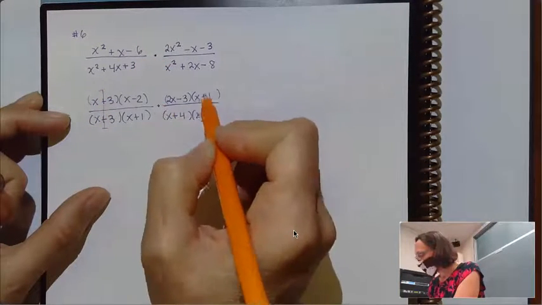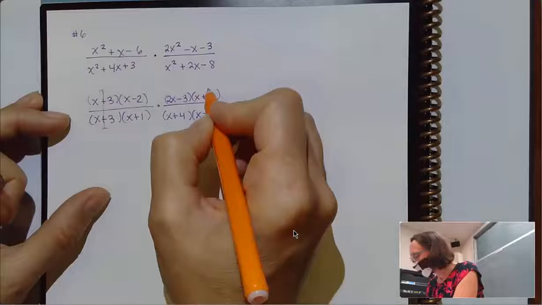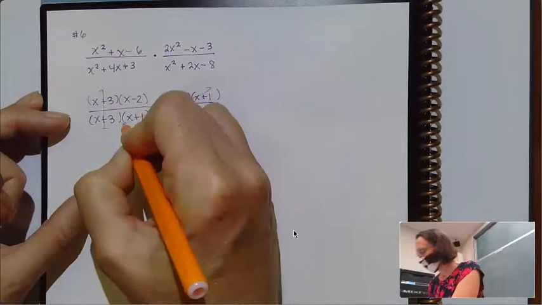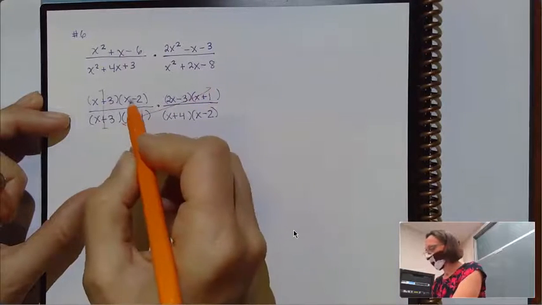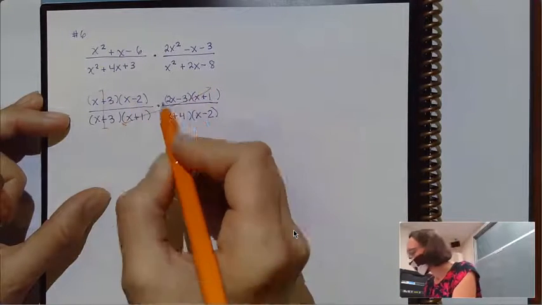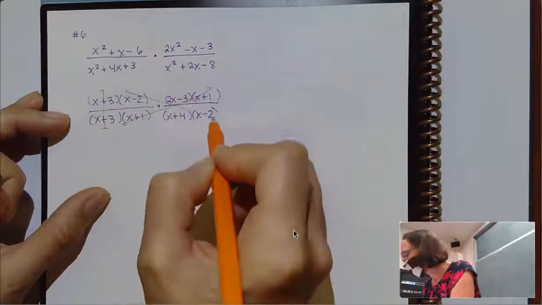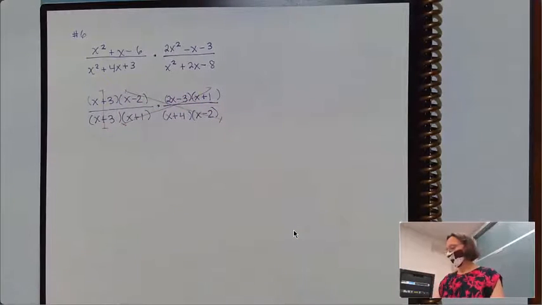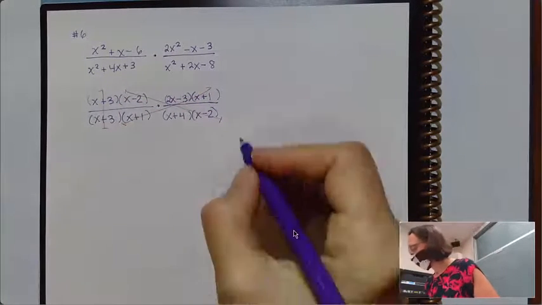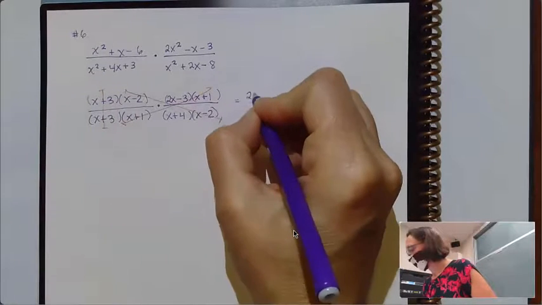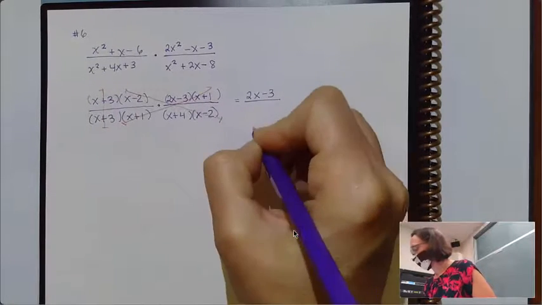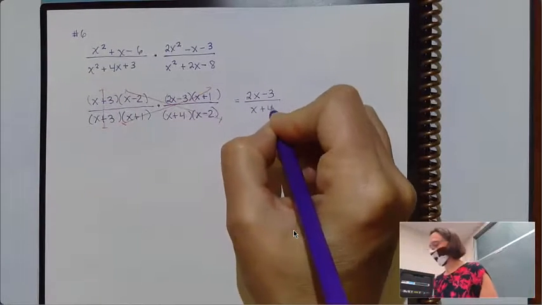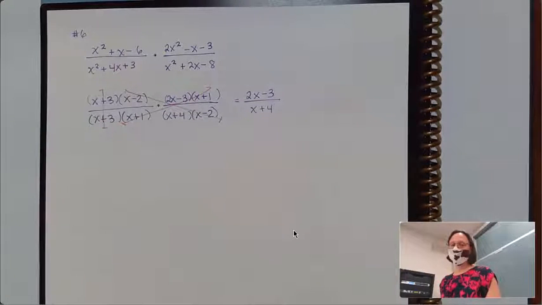X plus 1 on the top and an x plus 1 on the bottom, there's another 1. X minus 2 on the top, x minus 2 on the bottom, there's another 1. Which means when all is said and done, the only thing I'm left with on top is 2x minus 3. And the only thing I'm left with on the bottom is x plus 4. Yay.